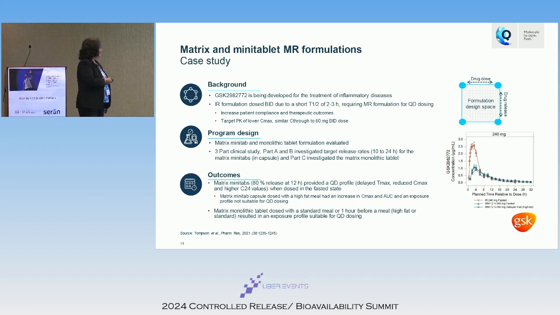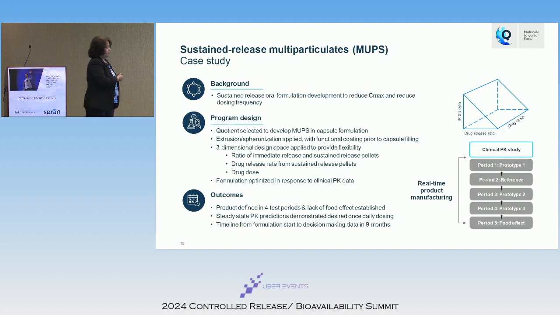And then the clinical study was designed where matrix mini tablets over a certain window of release rate were compared to the unit dosage forms. And then comparison was made for food effects, doses, and so on. And then finally, they picked the dosage form that they wanted to choose based on the two. They liked the matrix monolithic tablet better than the mini tablets.